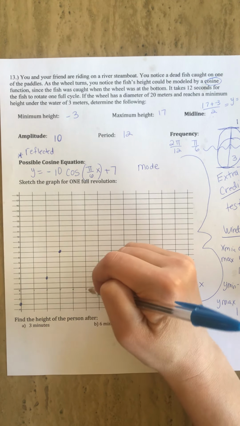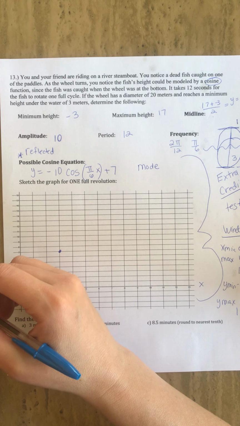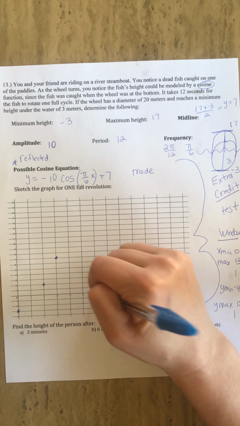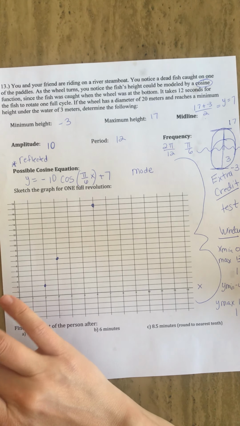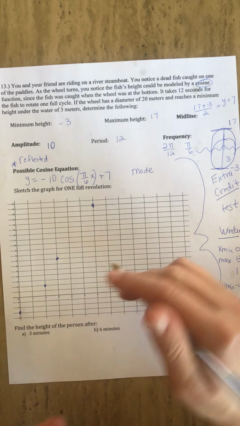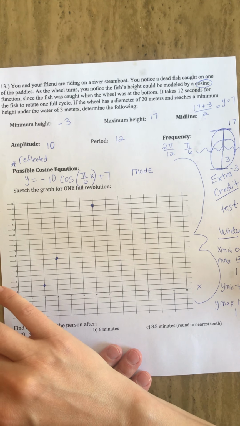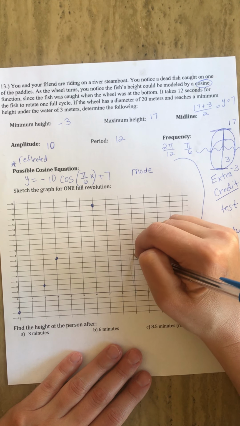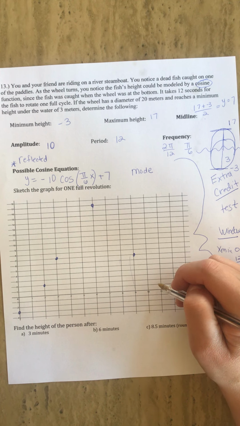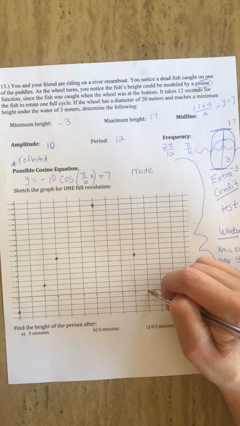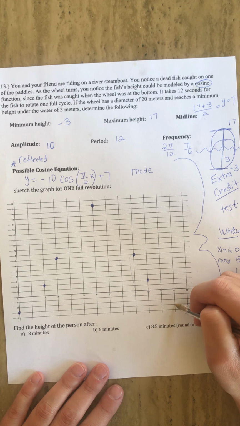3, 7, 6, 17, 8, I'm not going to do that one, 9, 7, 10, 2, and 12, -3.